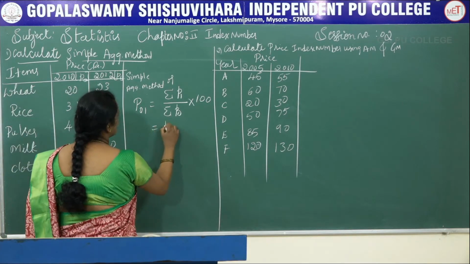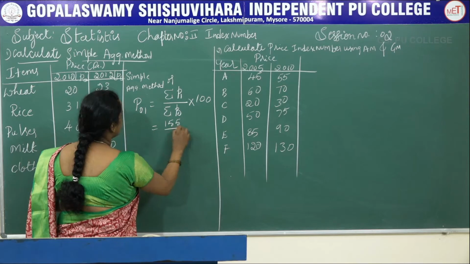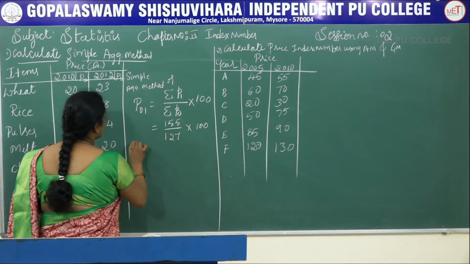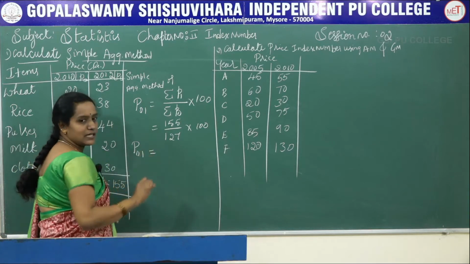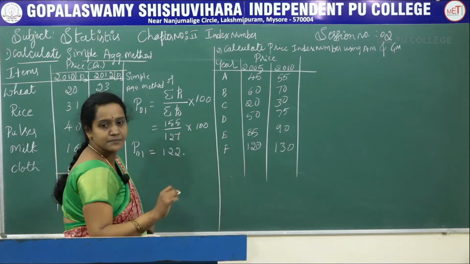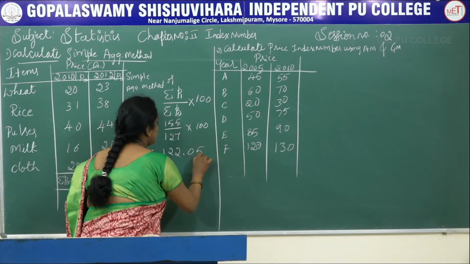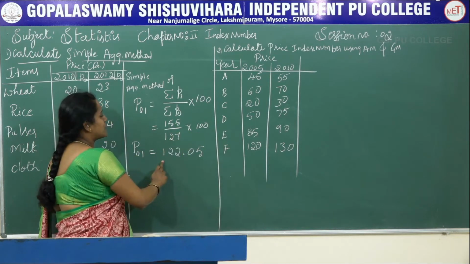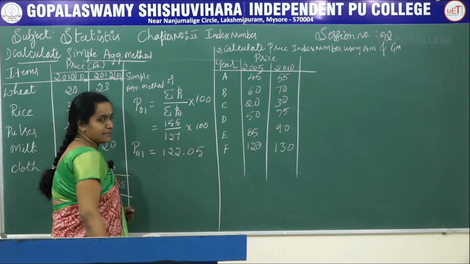Now substitute 155 by 127 into 100. Our price relative will give the answer 122.05. After dividing these two and then multiplying by 100, you will get 122.05.